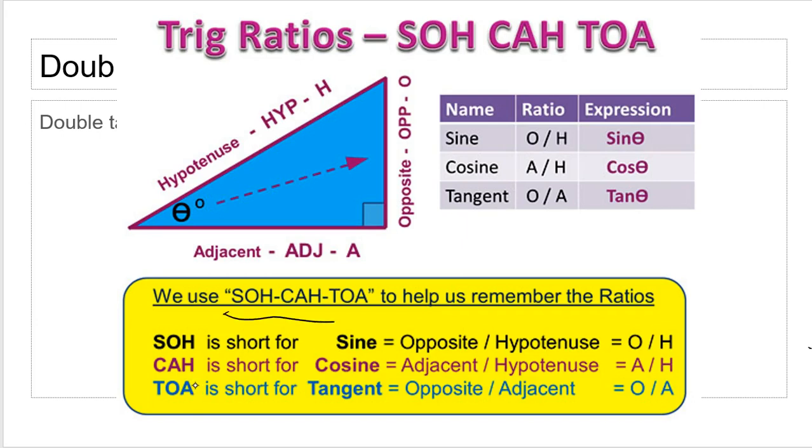For these, you need to know the acronym SOHCAHTOA. You need to memorize it and know how to use it. We're going to set up trig ratios, and ratios are fractions. SOH is short for sine equals opposite over hypotenuse. CAH is short for cosine equals adjacent over hypotenuse. And TOA is short for tangent equals opposite over adjacent.